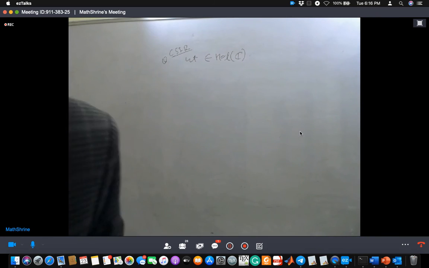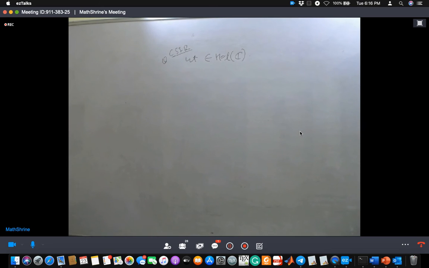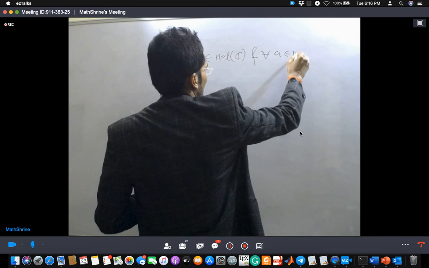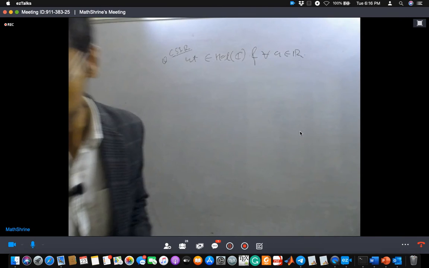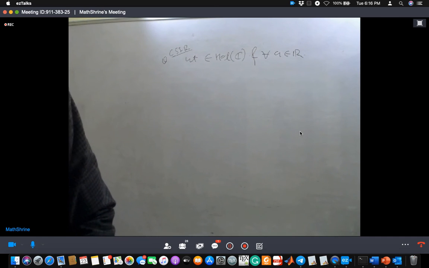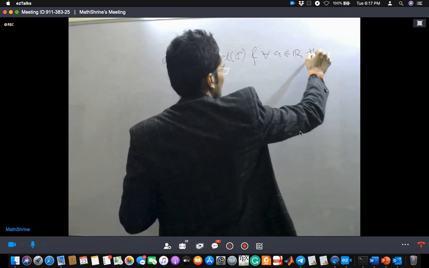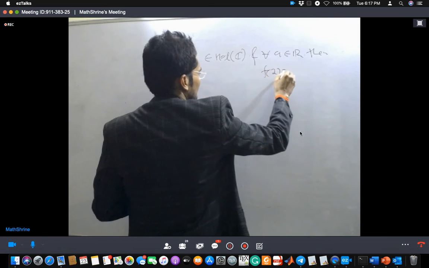And for every a belonging to R, f(z) is equal to the summation of c_n times (z minus a) to the power n, n greater than or equal to 0.